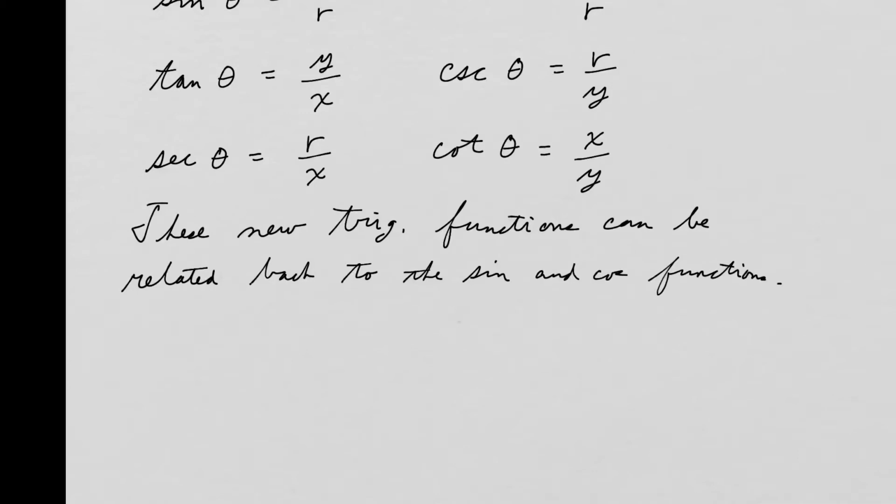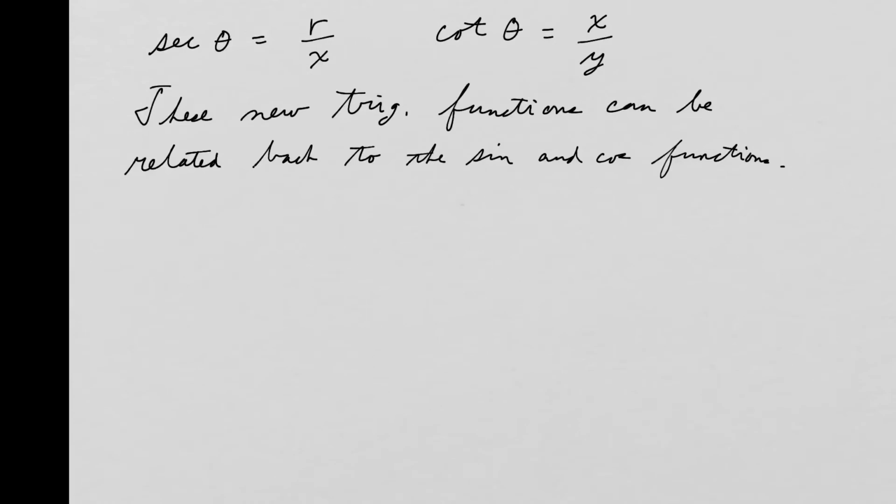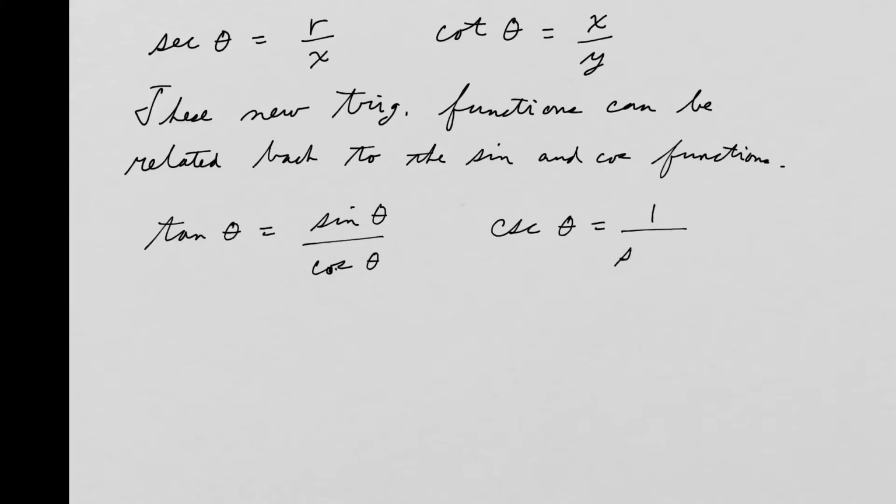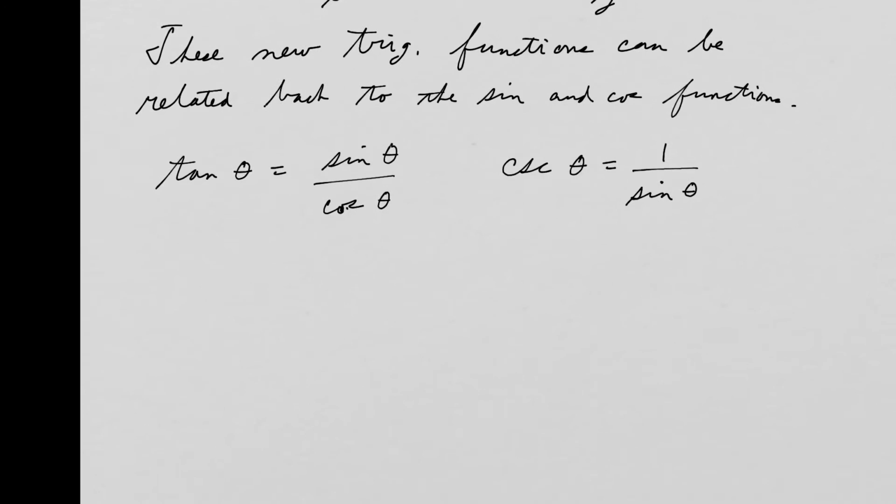Okay, how are they related? Well, it turns out that tangent of theta is defined to be the sine of theta divided by the cosine of theta. Cosecant of theta turns out to be 1 divided by the sine. So it's the inverse of the sine, right? Or 1 divided by the sine.